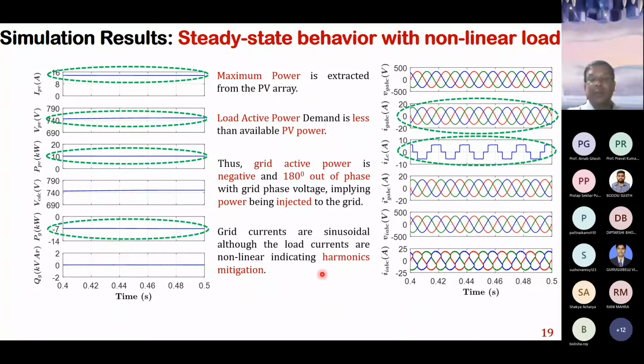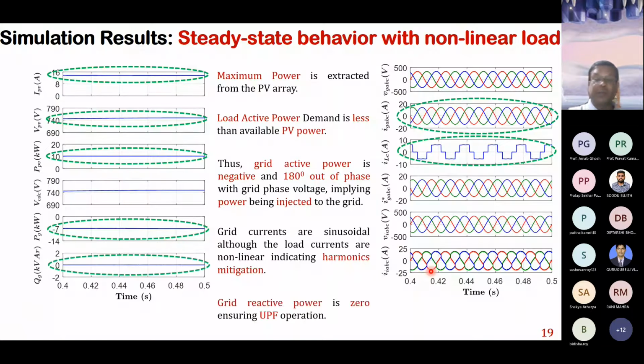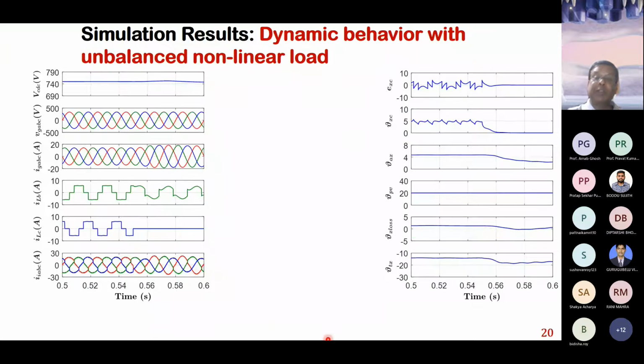The load currents are nonlinear, indicating harmonics, although the loads are nonlinear, the grid currents are sinusoidal, so harmonic mitigation has been achieved. And the grid reactive power is zero. You could see the reactive power is zero here, so that indicates that we achieve the unit power factor operation.